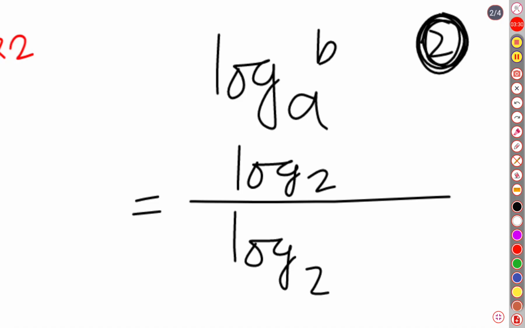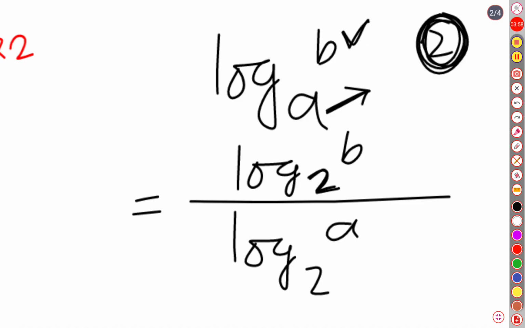Now in this one, this is the argument. The argument should be in the numerator, and your former base will be the argument of the denominator. First we write the base we are going to convert into. Here we have supposed our base is 2.